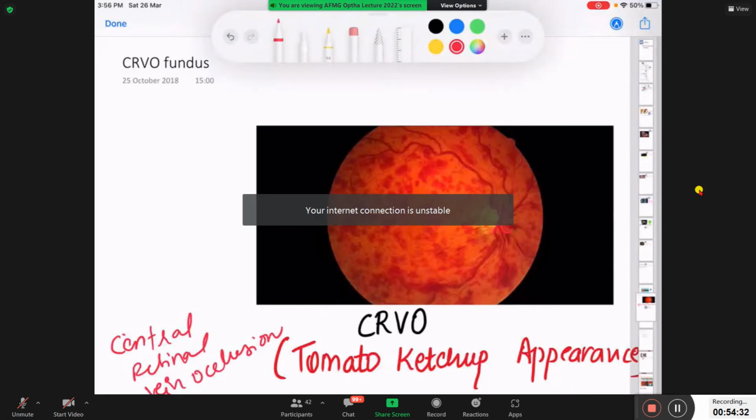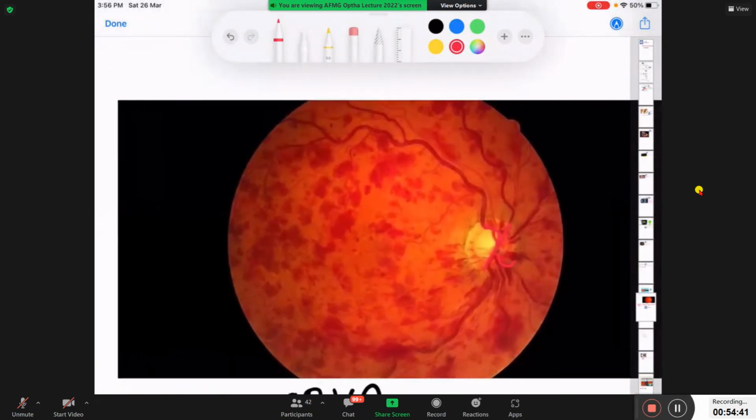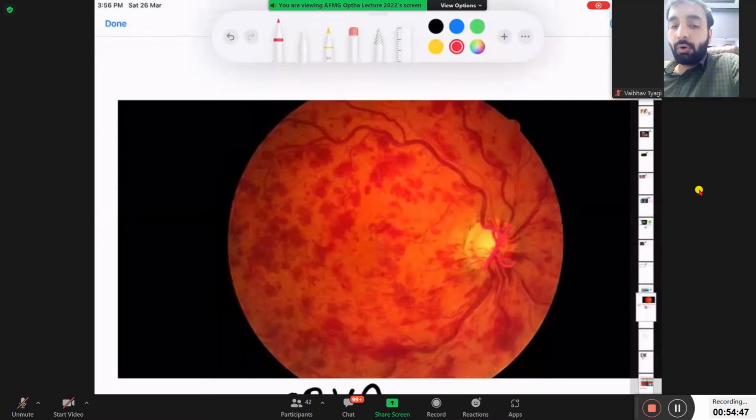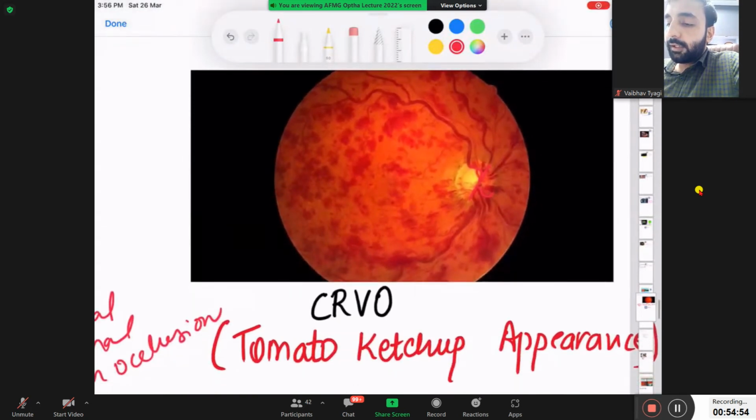Now, if there is occlusion in the central retinal vein, you will see hemorrhages in all the four quadrants. Can you appreciate hemorrhages are present in all the four quadrants of the fundus of the retina? Then your diagnosis is central retinal vein occlusion.